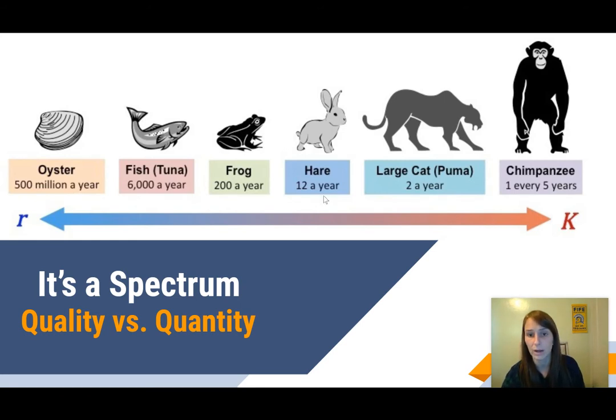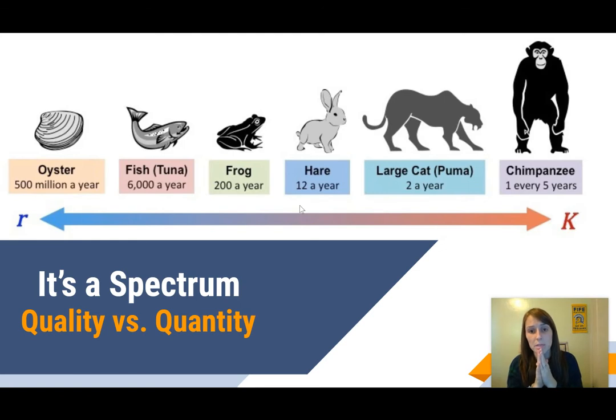We do have some in between. For example, hares and rabbits are pretty much in the middle. This is because they do have some parental care, like they come back and feed their babies milk. However, they have more offspring because there's a good chance that a lot of them are not going to survive.